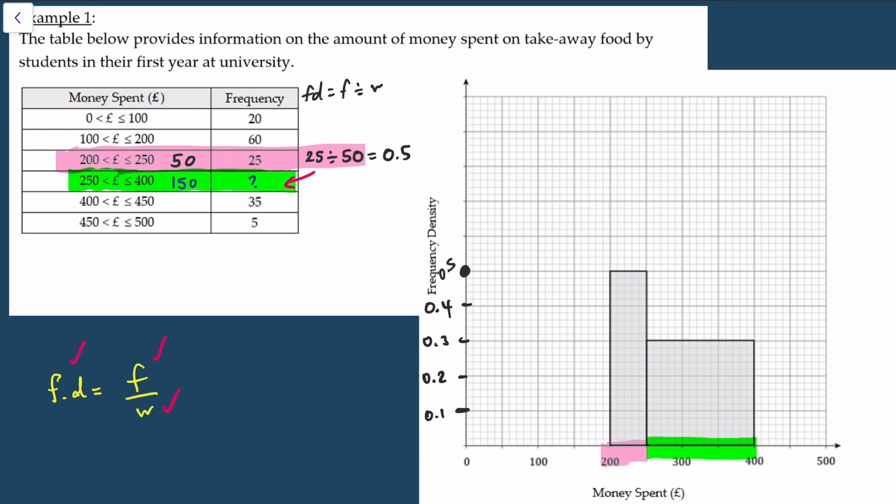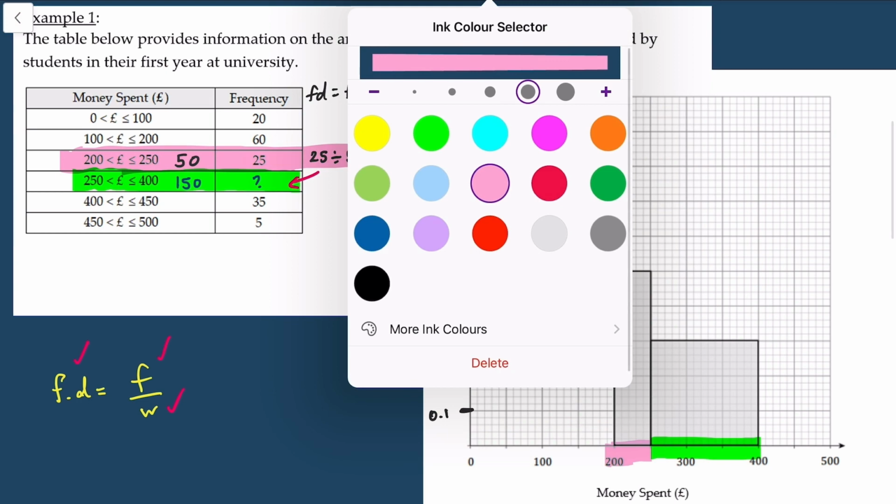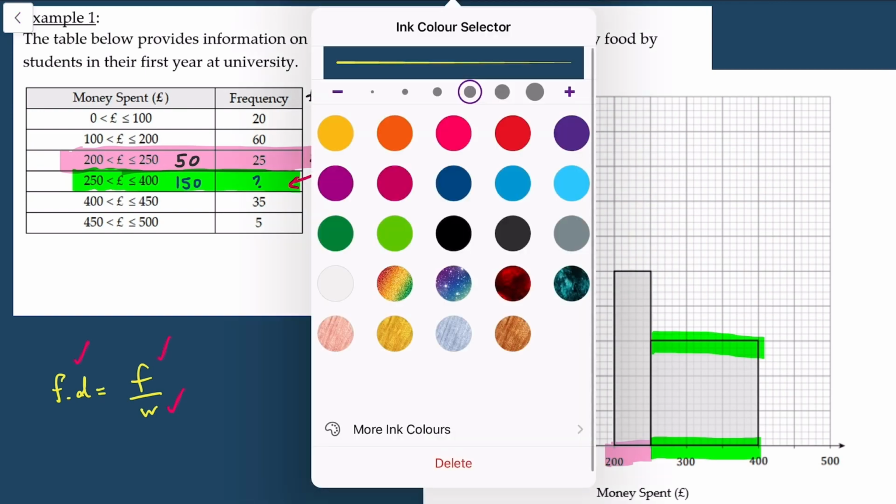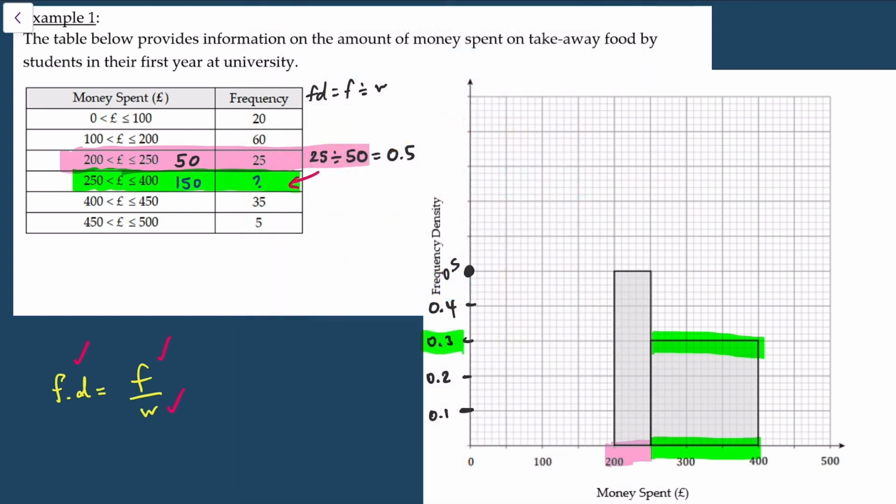Now we know that this bar here has a height of 0.3, so the frequency density is 0.3. So I can say that the frequency, which is x, divided by the class width 150 is equal to 0.3.